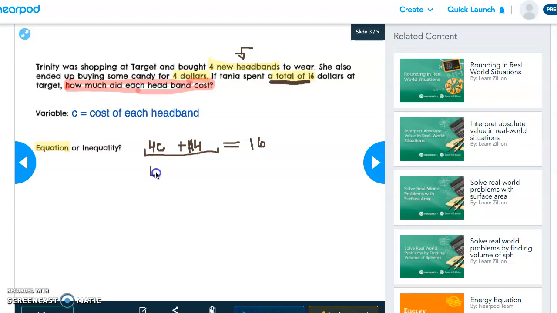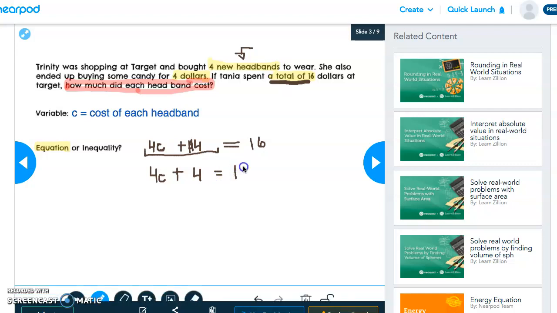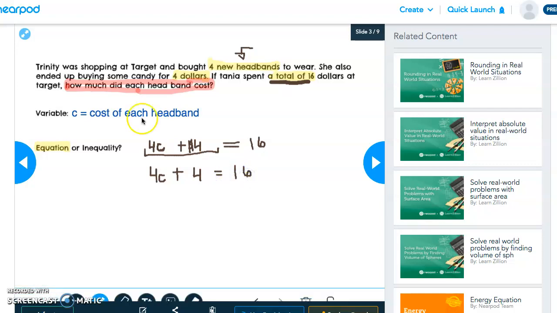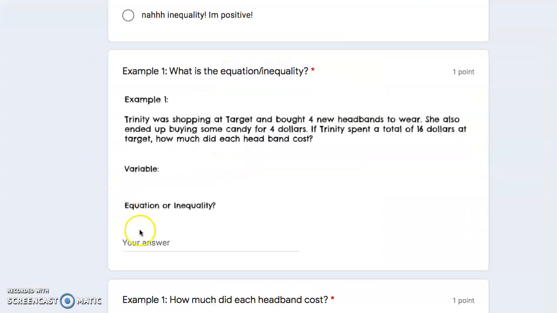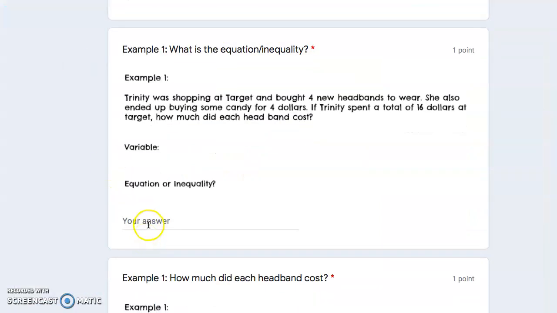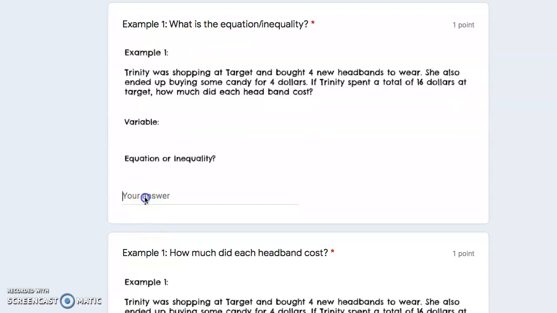Our equation is 4C plus 4 equals 16. And that is what we're going to write right over here. We're going to put 4C plus 4 equals 16. And make sure to put the spaces in between right here.